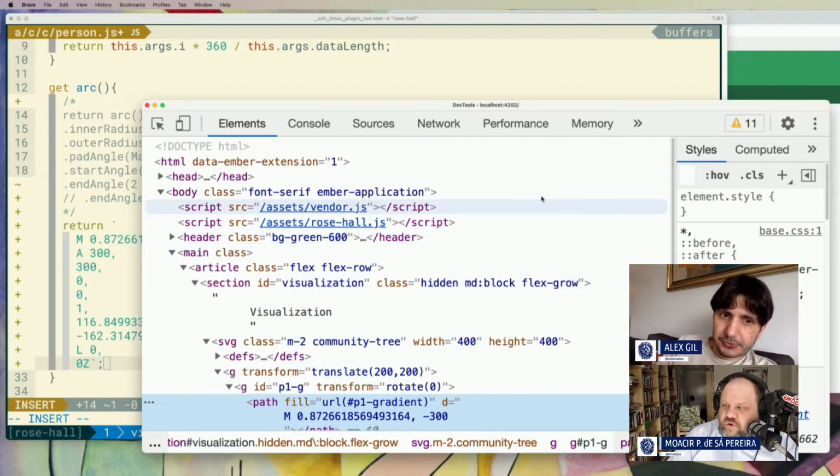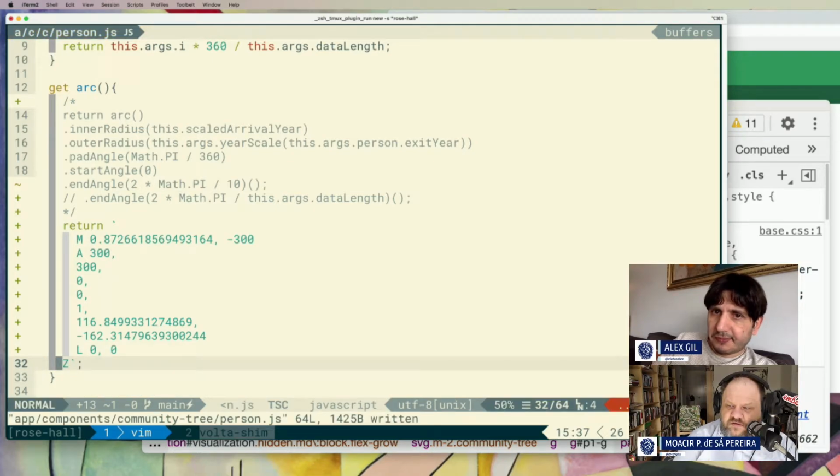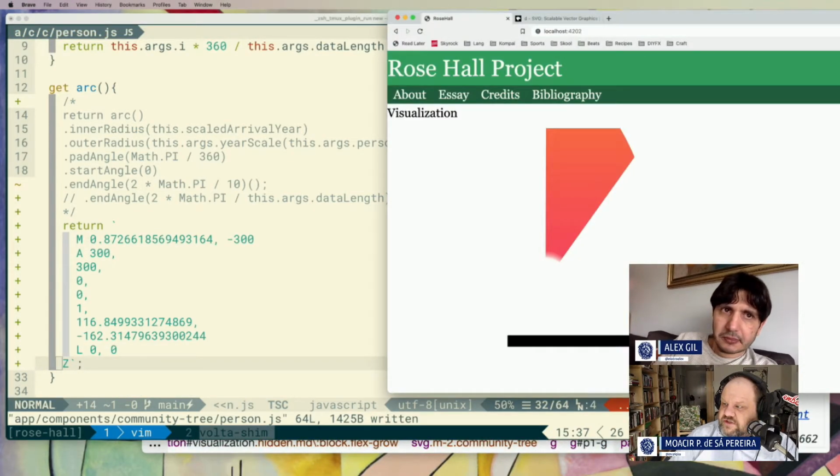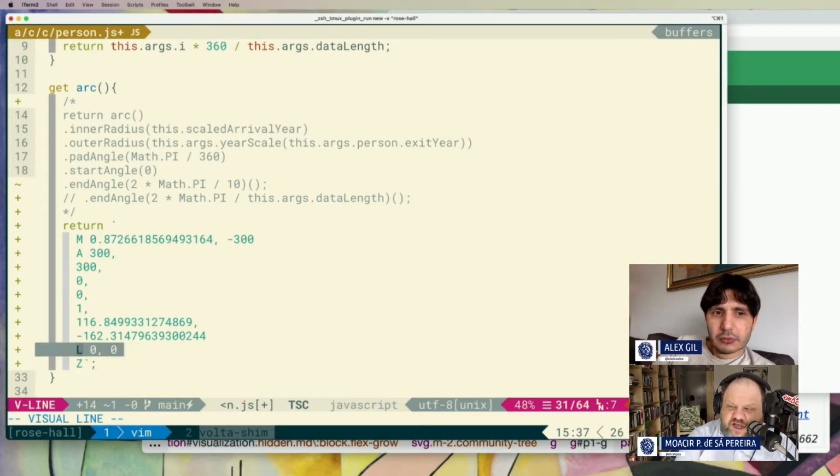So one way of writing this: what we know then is that this L 0 0 is going to have to be turned into a wavy line. Let's see, does this crash? Nope, this works fine. You can go L 0, back to the 200 if you want. This L 0 0 is going to have to be replaced by a wavy line.